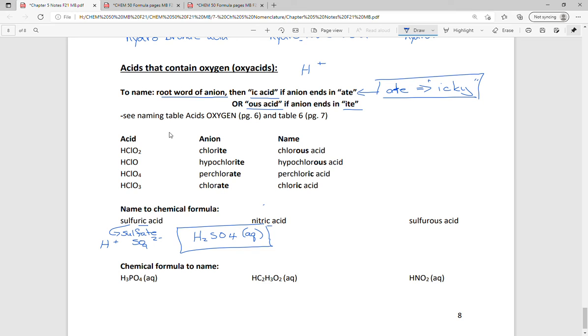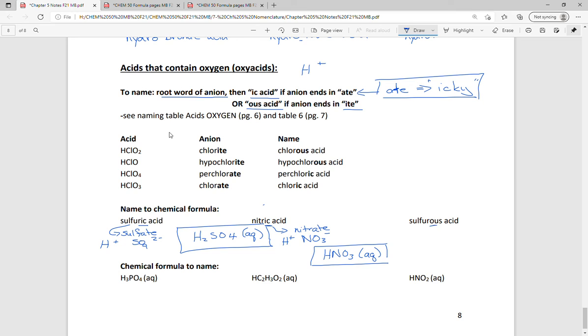So nitric acid, and again, as soon as I see the ic, that means that I'm talking about the polyatomic nitrate. And nitrate is NO3-. I would put that together with my hydrogen cation, and so that would be HNO3 aqueous. When I crisscross those up or make it electrically neutral, it's a 1-to-1 ratio.